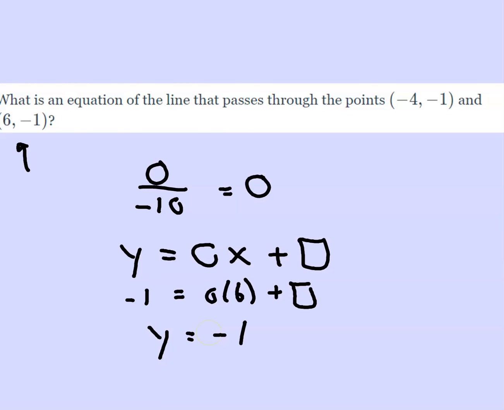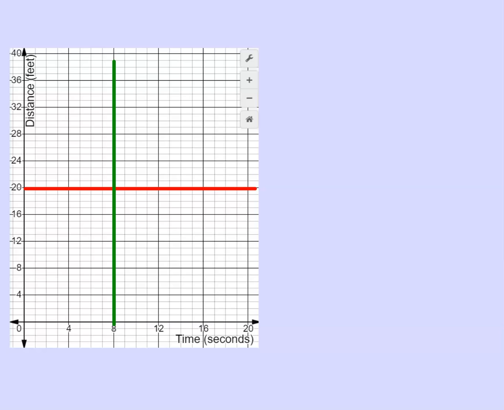If you looked on the graph for something like this, the red one would be y equals 20. You could pick any 2 points on here and do the same process we did, or just say, look, the y coordinate on any point along here is 20. So y equals 20.